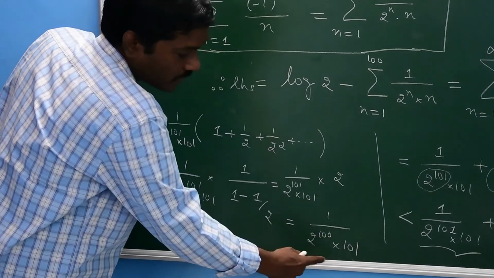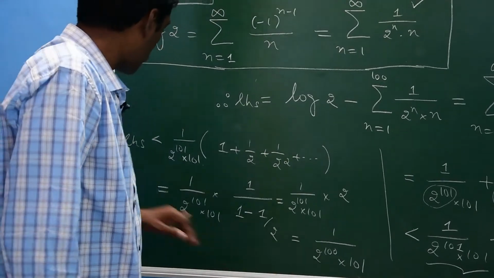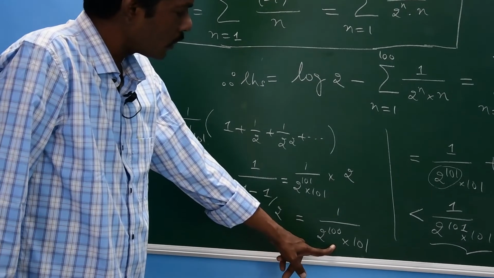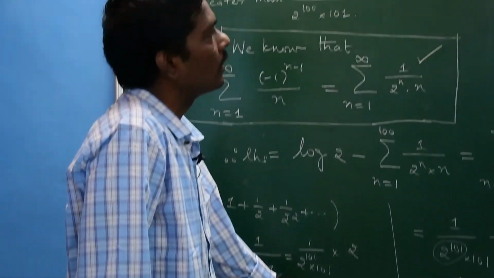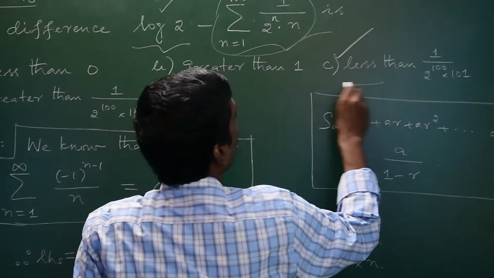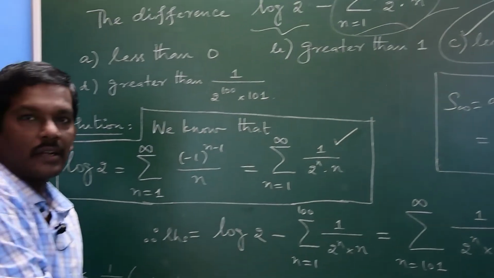The difference is strictly less than 1 over 2 to the power 100 times 101. So that corresponds to option C. Option C is the correct answer.